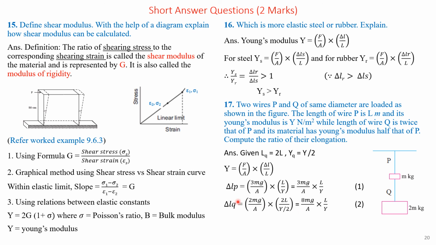Similarly for wire Q, delta LQ is equal to 2mg divided by A into 2L by Y by 2, because here Young's modulus is half and the length of the wire is twice L. So we put it in the numerator as well as the denominator. Simplifying, we get 8mg divided by A into L by Y. Hence, dividing equation 1 by 2, we get the ratio of delta LP divided by delta LQ is equal to 3 by 8.